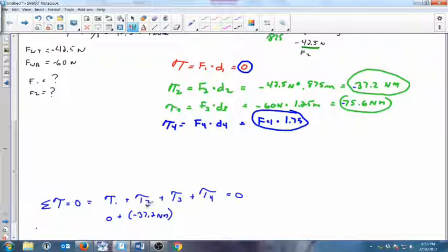And I always like to put little dots showing where it came from. Plus, and that's going to be this one, plus a minus 75.6 Newton meters.